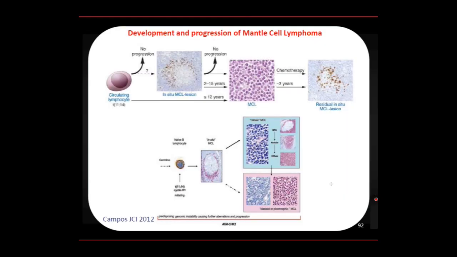So overall, the hypothesis is that t(11;14) would happen in the bone marrow, so naive BCL1 positive cells circulating or in the mantle zone of scattered follicles over years. You see, many years later they may give rise to mantle cell lymphoma, and even by accumulating mutations, you can move from classical mantle cell lymphoma to blastoid or pleomorphic variants, which are a little bit more puzzling in the clinic for differential diagnosis and for treatment.